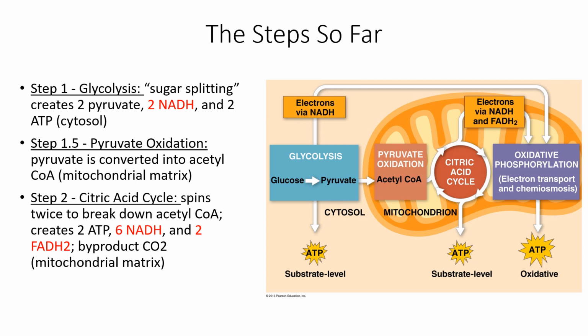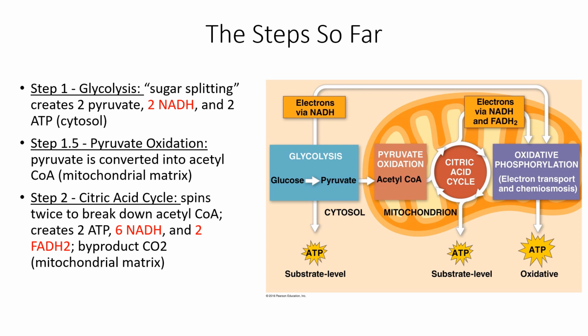In total, the citric acid cycle is going to spin twice, and in those two cycles, it's going to create 2 ATP, 6 NADH, and 2 FADH2s. The 6 NADH and 2 FADH2s are going to, just like with glycolysis, be used as electron carriers in that third and final step in cellular respiration.